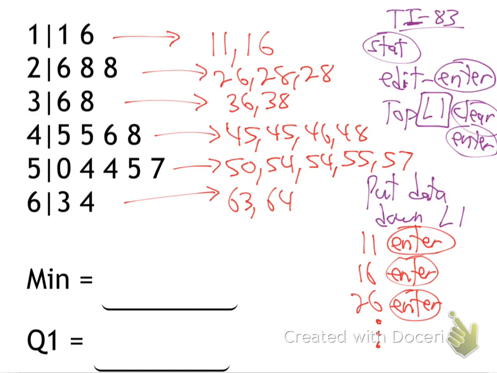And then when you've got them all in there, you just hit stat. And move over, do a right arrow over to calc, the calc menu, and hit enter.